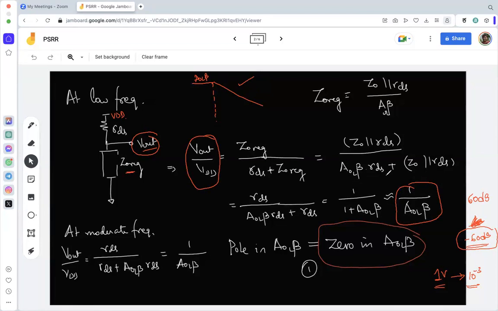Then what that means is, if there is a pole at location P1, it should be an input pole because it's a PMOS driver. Whatever pole we have at P1 in the actual gain becomes a 0 in PSR. This is PSR, this is gain. If there is a pole in the gain plot, that becomes a 0 in the PSR plot.